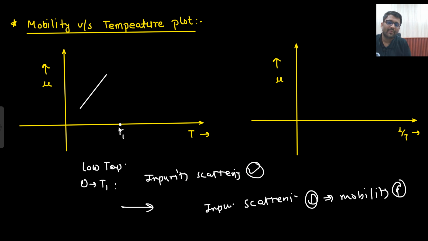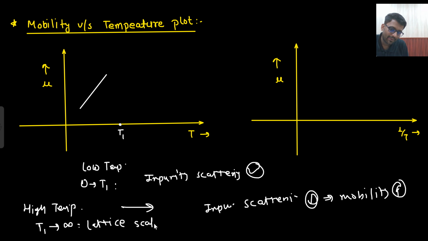Now you have reached a particular temperature. After T1 you will say that this is the high temperature range, from T1 to infinity. In high temperature, who is more dominating? Lattice scattering, right?